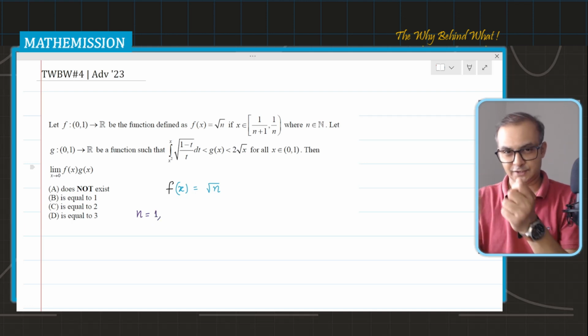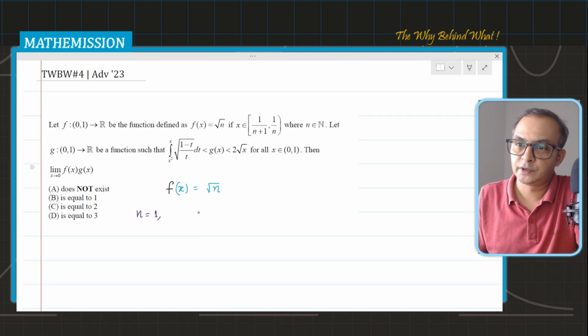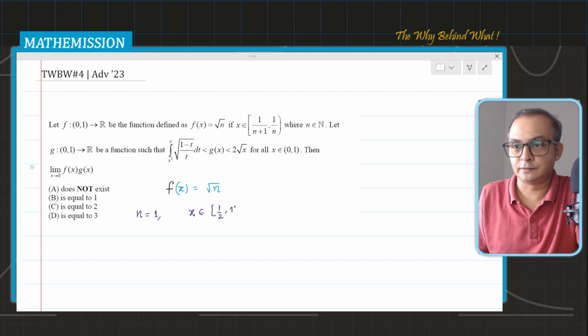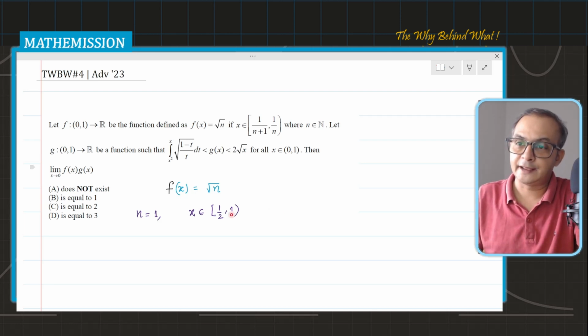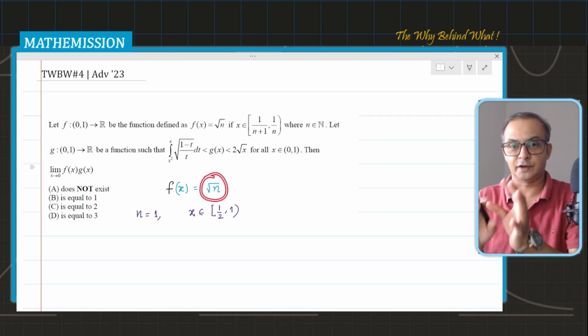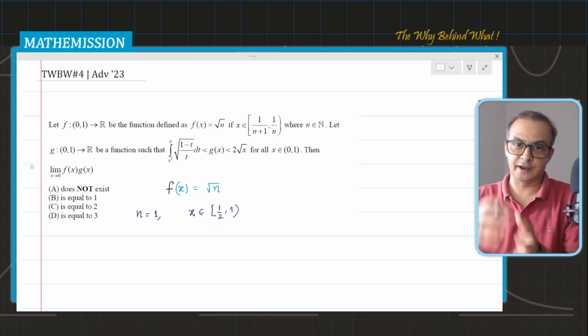It means the first piece of the interval we will get is for x belonging to 1/2 closed interval to 1. And in that, you can see that the right interval end is taken by this function, that is, the function by which it is defined itself.